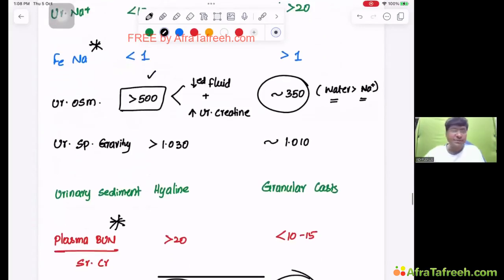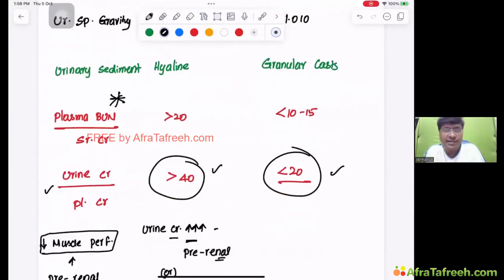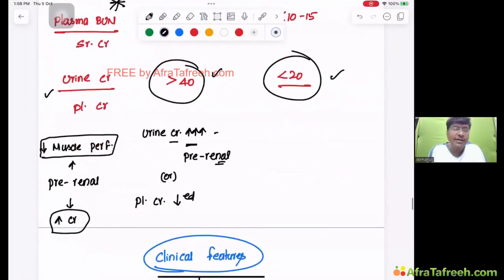And urine osmolality and specific gravity are also higher in prerenal, and it is less than around 350 in case of intrinsic renal. BUN to creatinine ratio is another important one, more than 20 in prerenal, less than 10 to 15 in case of intrinsic renal. Next is urine creatinine to plasma creatinine ratio, more than 40 in prerenal, less than 20 in intrinsic renal.